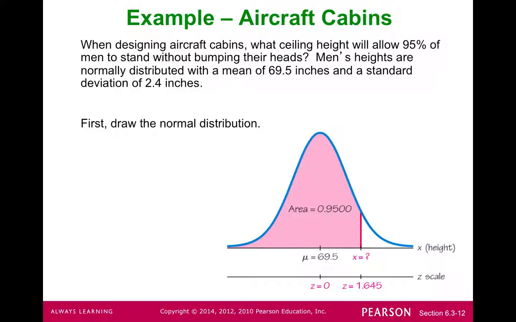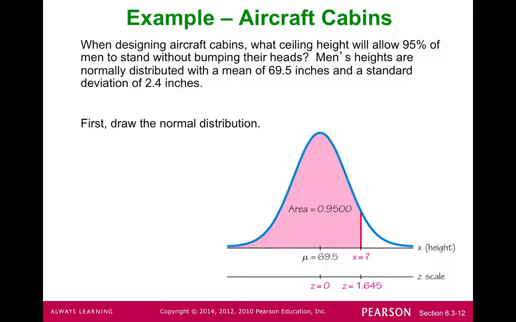But here, we're being given something a little bit different. We're being given a percentage. So keep in mind that anytime you see a percentage, all that percentage really is a probability that's been turned into a percentage. So we're going to need to convert this percentage into a decimal so that we can then use it to find our z that we're going to plug into our equation to then solve for that maximum ceiling height that's going to allow 95% of men to stand without bumping their heads.